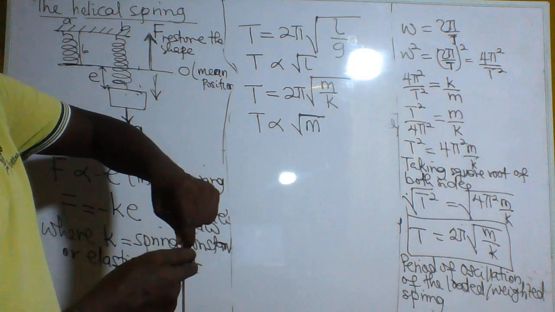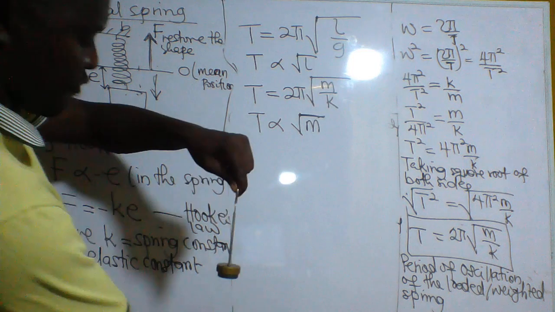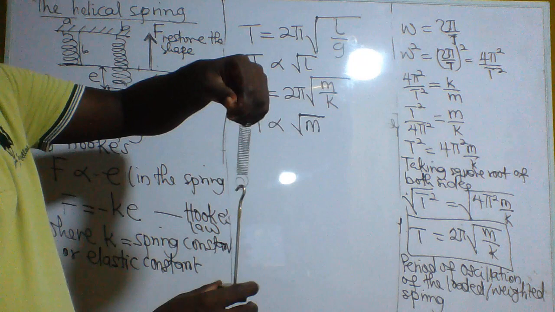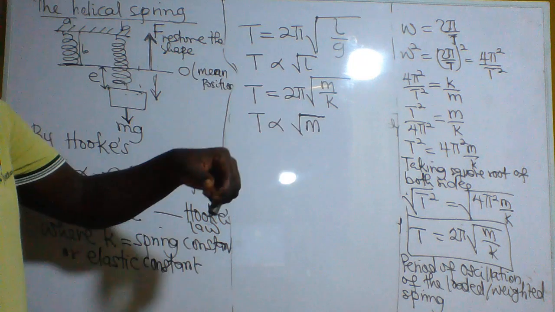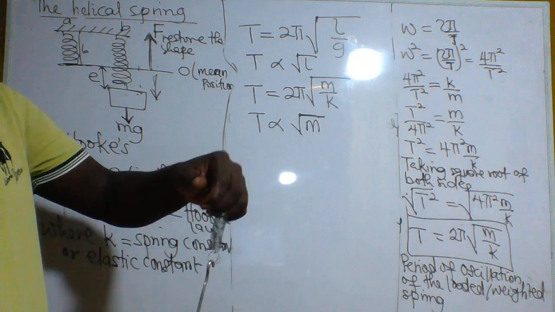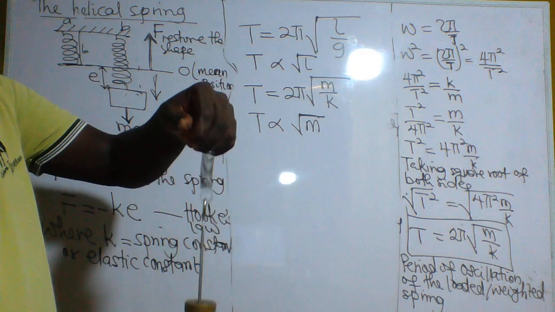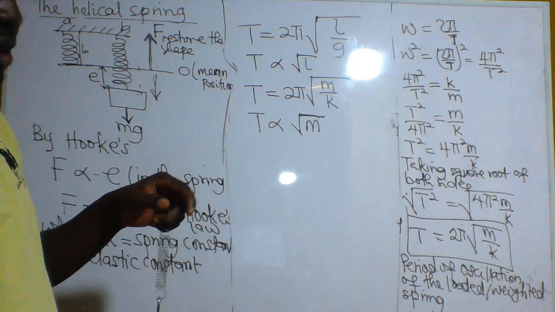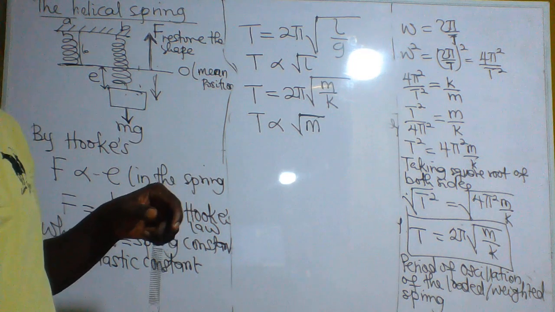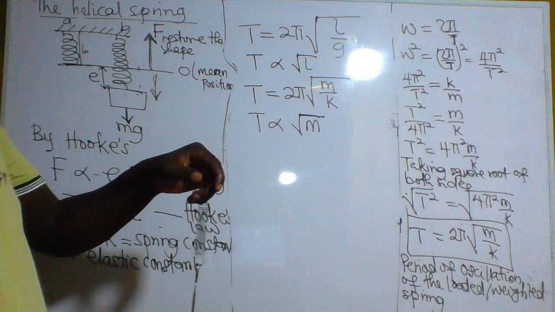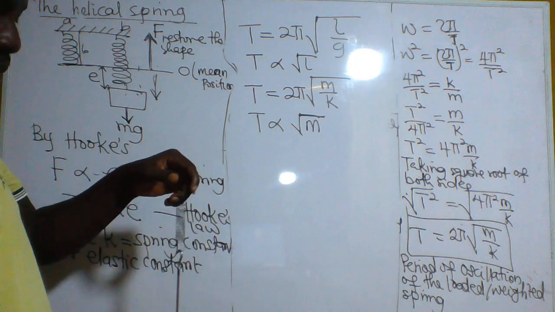Let me take the 100 gram mass off. It is so fast that if I had not been so quick, it would have gone. So as we reduce the mass, what happens to it? Make your conclusion as we vary the masses on and on.